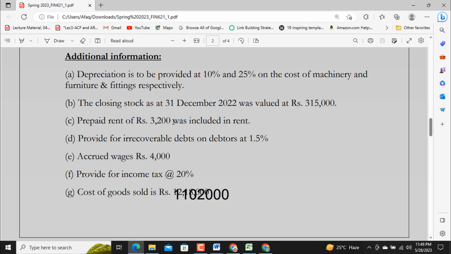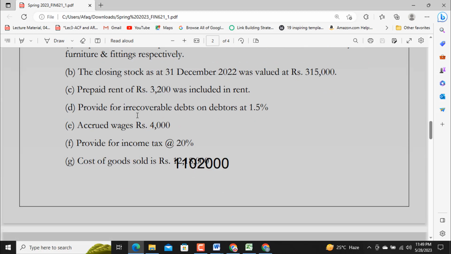So again here one new account is introduced, prepaid rent, which is not available there, but rent account is available as an expense on the debit side. So 35,000 is reduced by the 3,200. Which type of entry will be passed, we will discuss in the solution section.